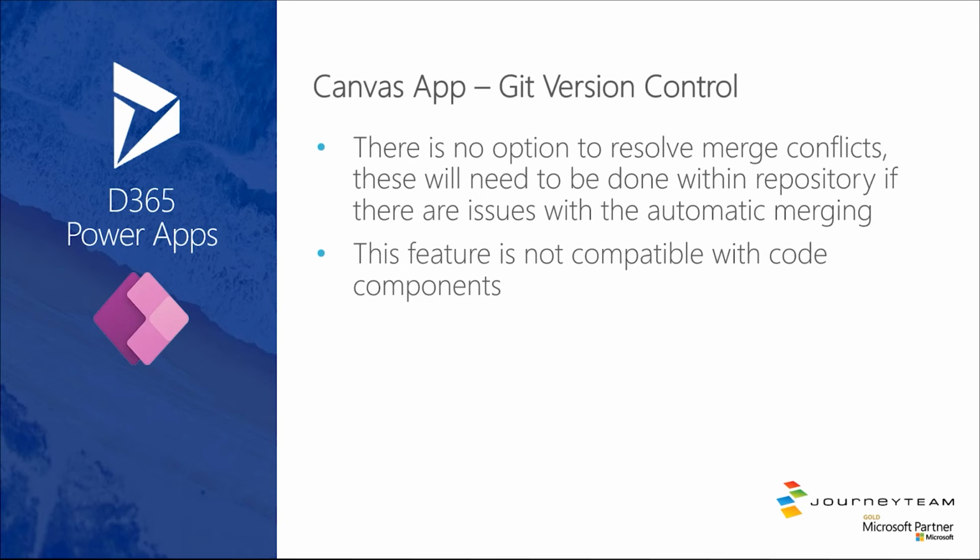I didn't see that listed in the timeline, but they specifically called out that if you have code components within your Canvas app, that is not going to be supported in Git version control. I hope this comes soon, because that would probably be the number one thing you would want in your Git version control. But that's the update from Microsoft. I'm expecting we'll have some more direction there as far as the code components.